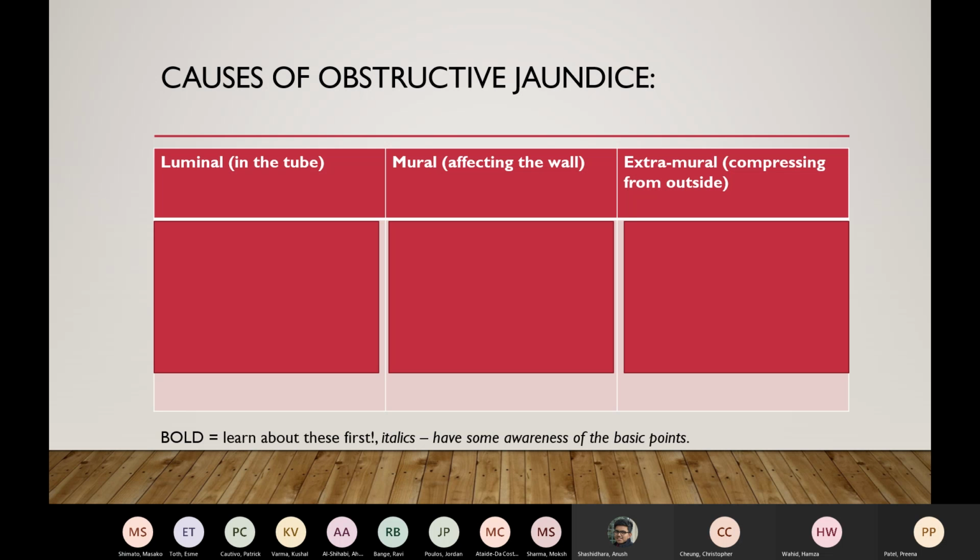So they've got cholangiocarcinoma. This is a tumor of the wall of your biliary tree. PBC and PSC, Hamza touched on briefly, but they're basically conditions that affect either your biliary tree or your liver.